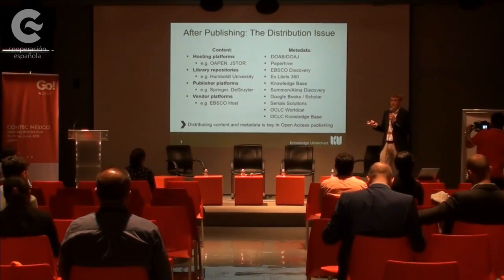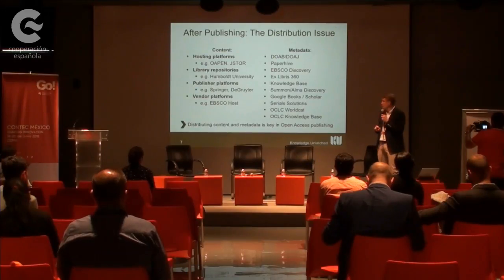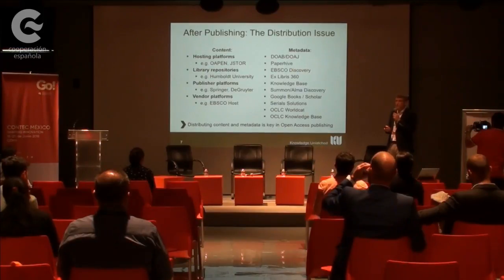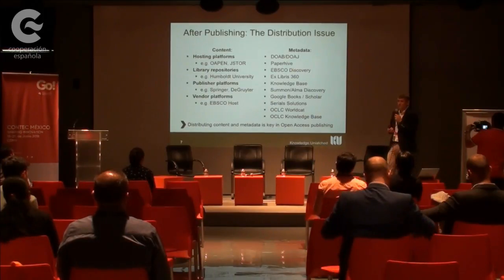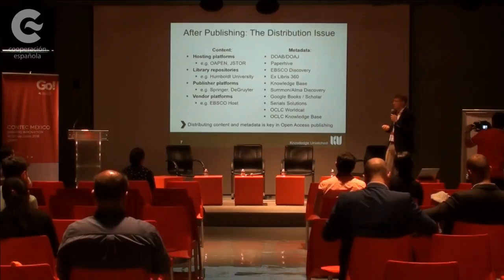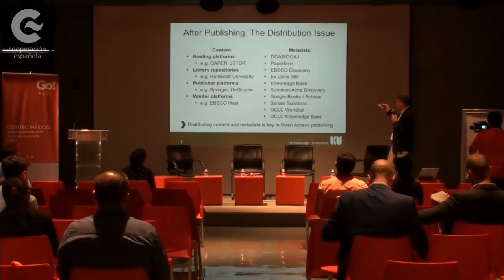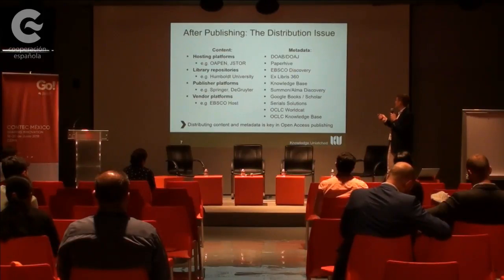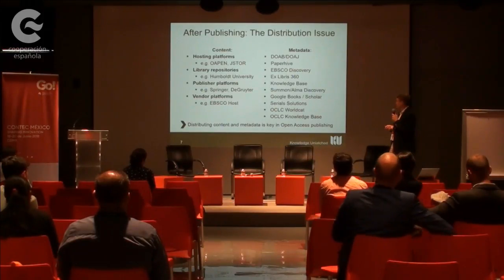And of course, if it's open access, it's even nicer. And the others are probably somewhat familiar to you. If not, I can give you a list of them and you can look through them. They are basically like Google Books, Google Scholar. They're platforms where you can access them.